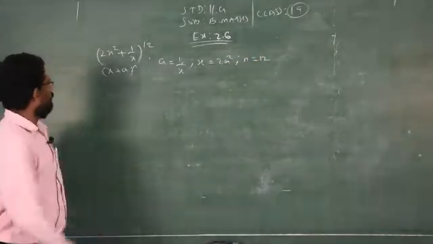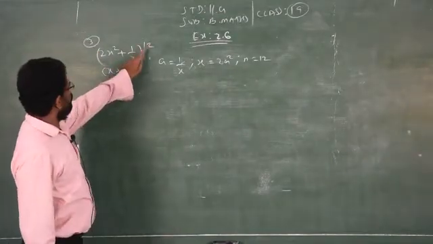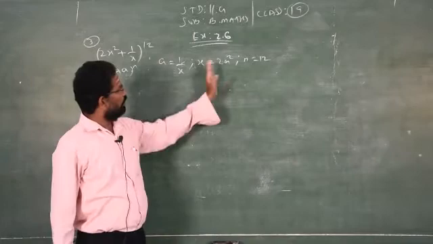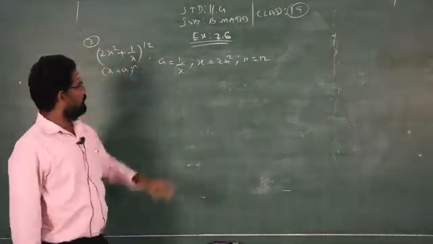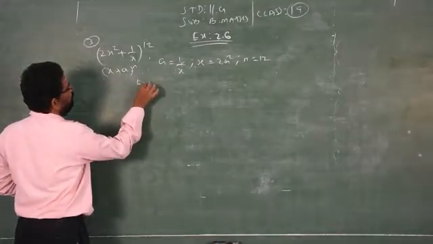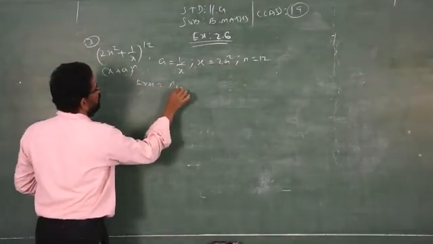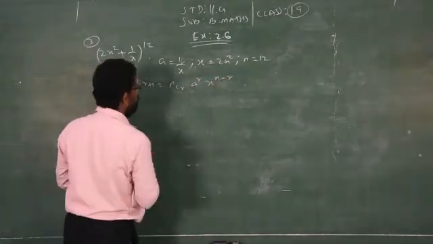So sum number 3: 2x square plus 1 by x, whole power 12. Compare and write. You know how to find the values of a and x from the given question. Then the general formula, T r plus 1 is equal to nCr a power r x power n minus r.